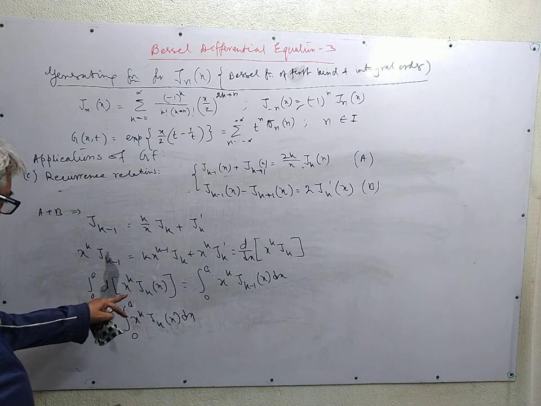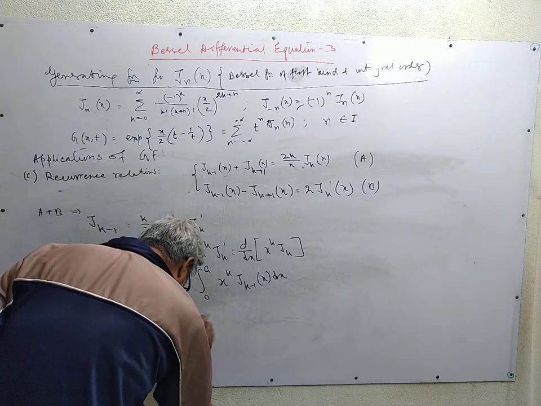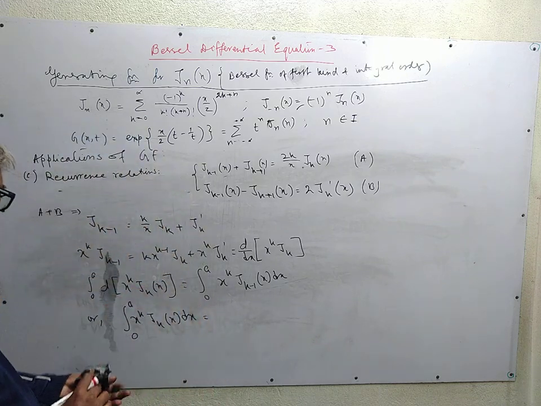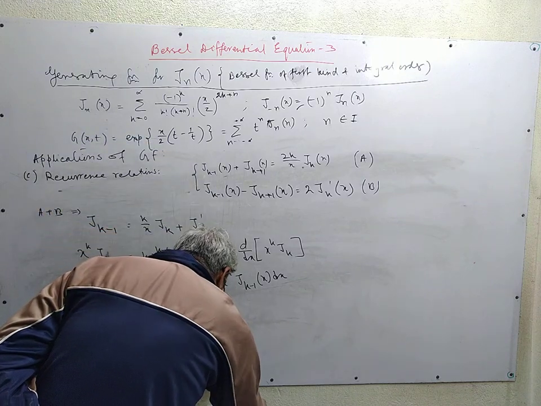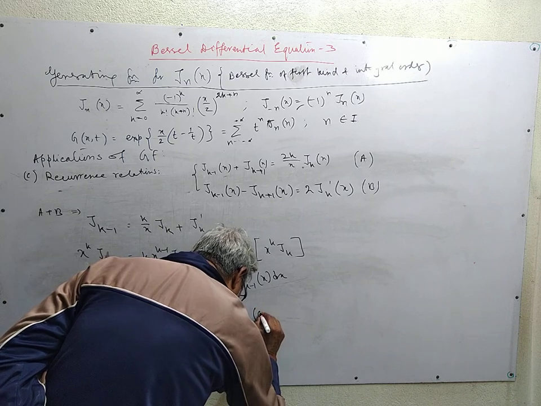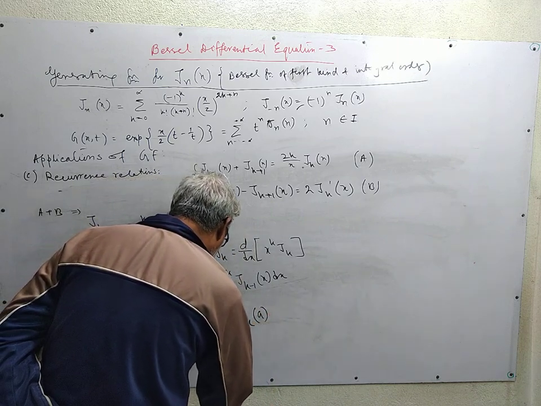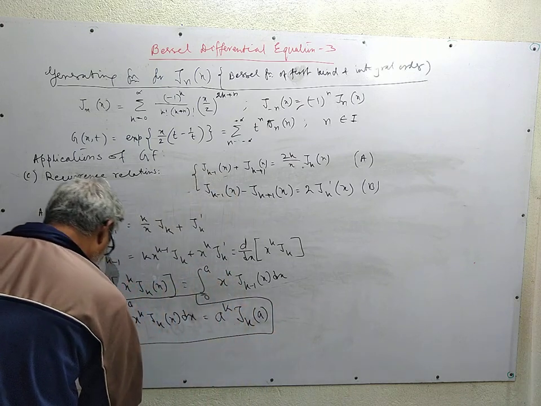You see that the lower limit is nothing, as the Bessel function of the first kind is finite at the origin. So it is simply a^k J_k(a). This is a very important relation involving the Bessel function of the first kind.